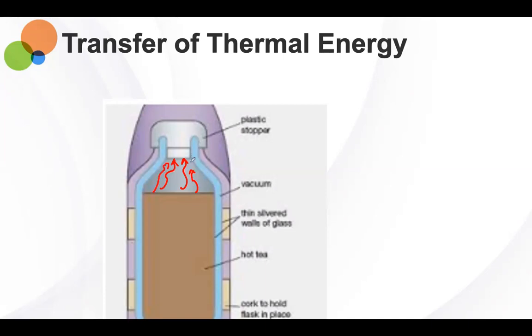Because it was open, heat was able to leave, but that's why the plastic stopper is here. Next section is our vacuum. Is heat able to go through a vacuum? No. So the vacuum plays the role of an insulator as well.